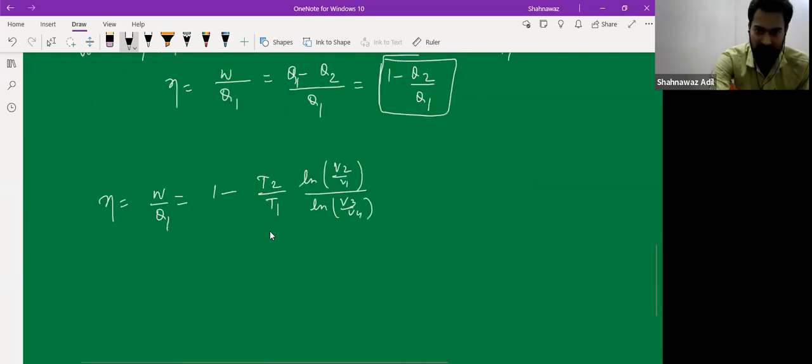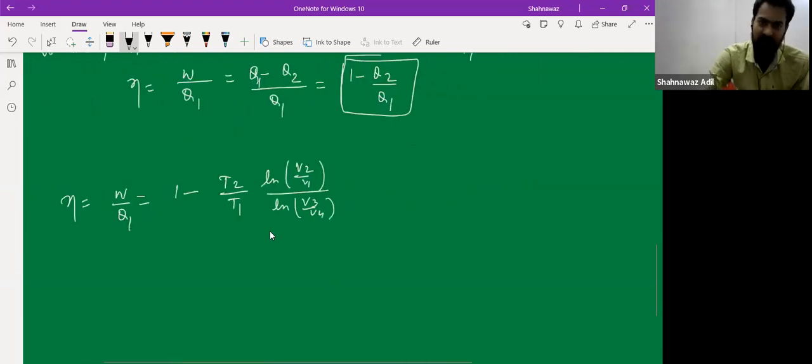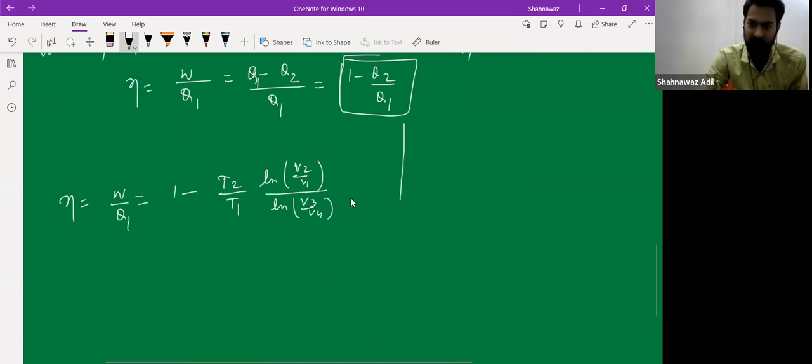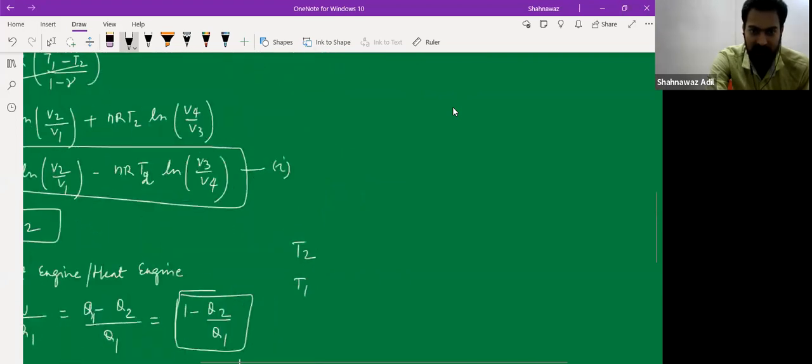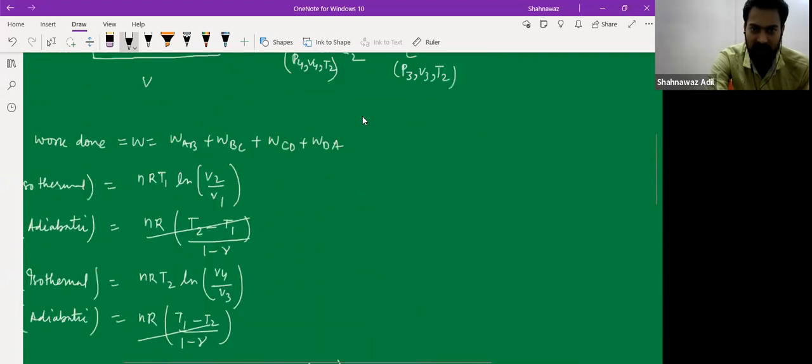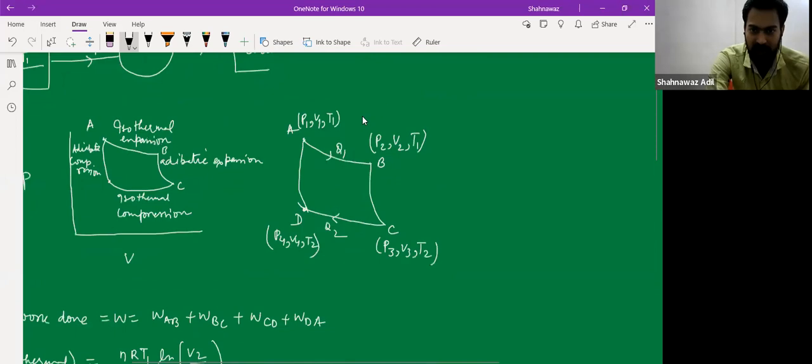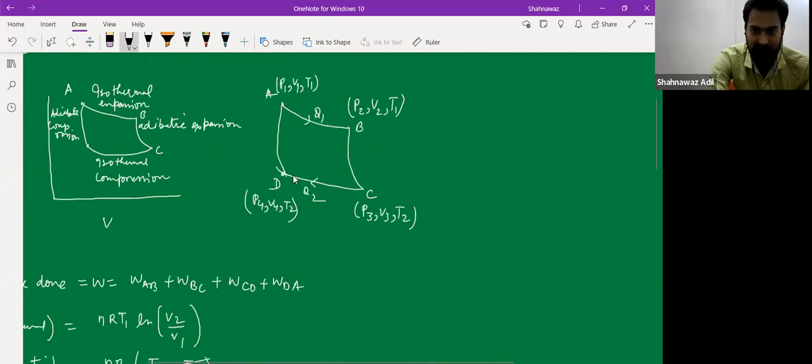But this can be solved further, right? You see that V2 to V3 was adiabatic, and V4 to V1 was adiabatic, right?